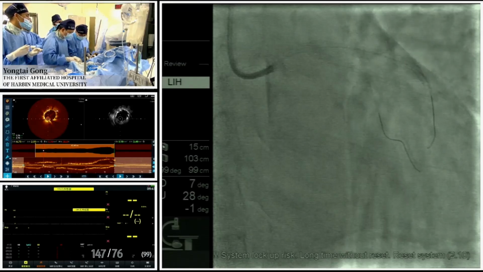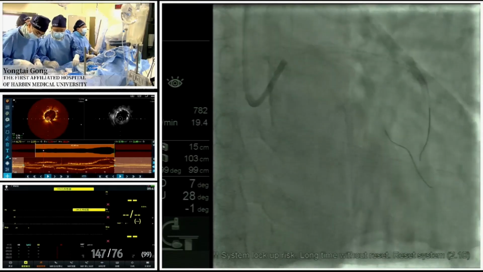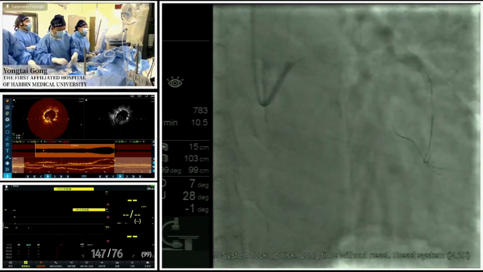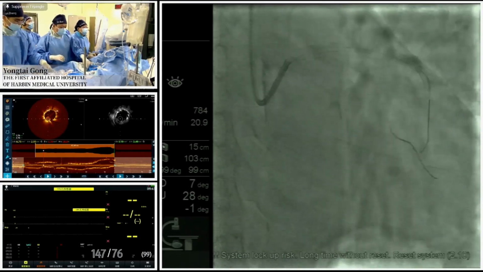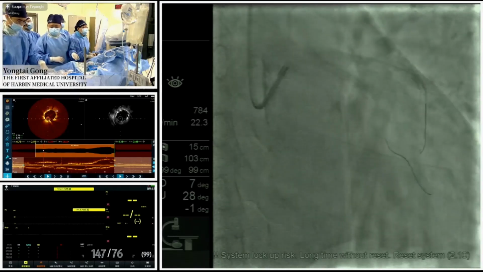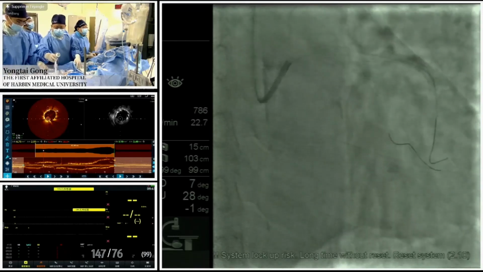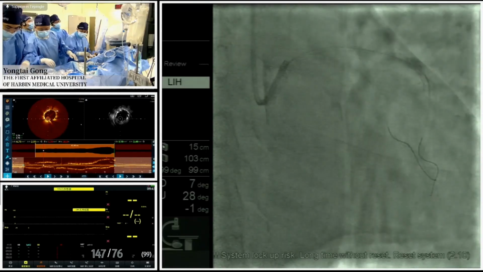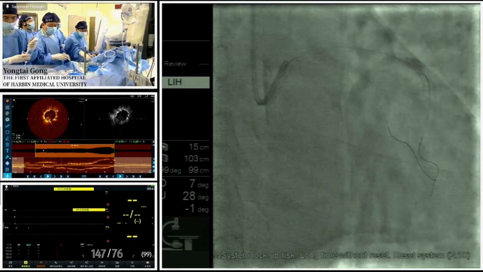KBI in the main branch and the side branch after the crossover technique of provisional stenting does not improve clinical outcomes. So routine KBI is not recommended for a single stent technique.